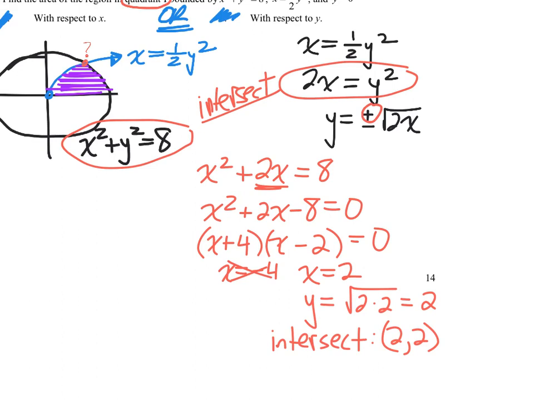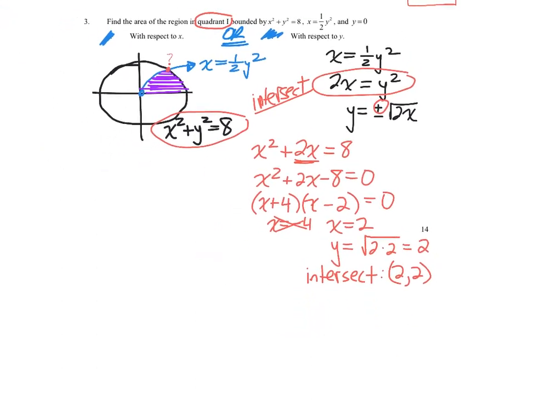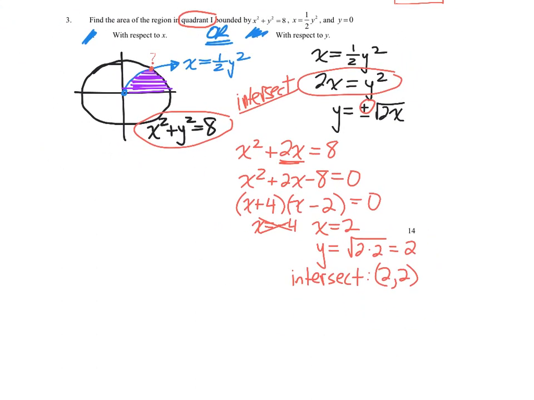So one way or the other, I have everything I need in order to figure out that bounded region. We'll do it with respect to y because that's generally, in my experience, the thing that people need the most practice with. So if I'm doing it with respect to y, I'm looking at the difference between the outer function, which is that circle.